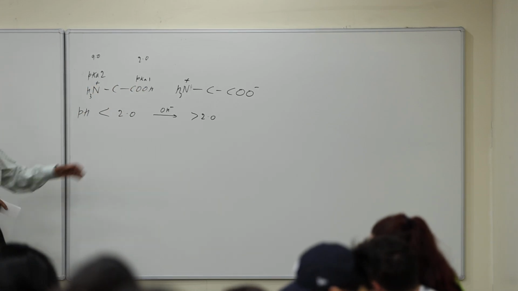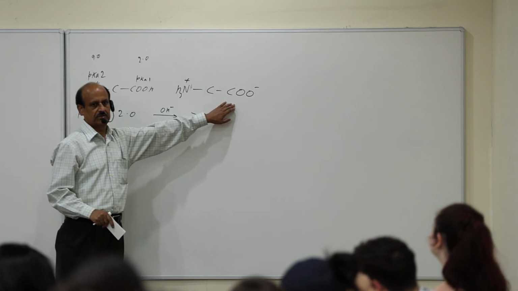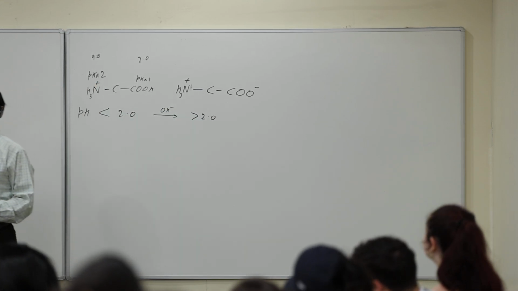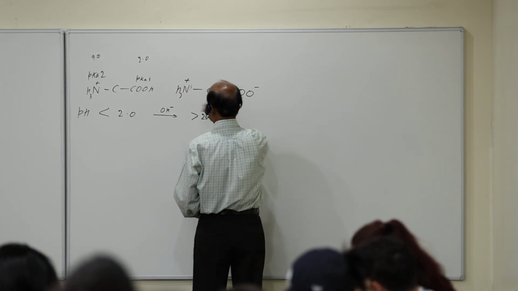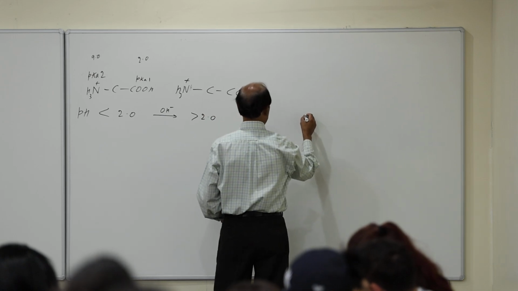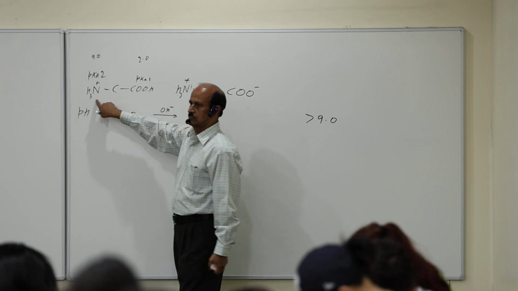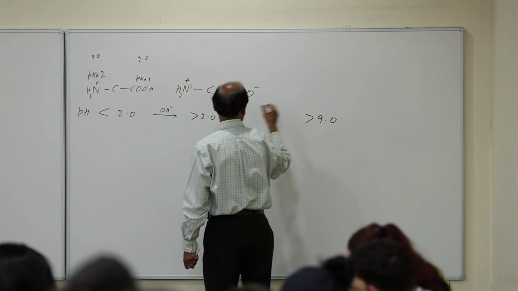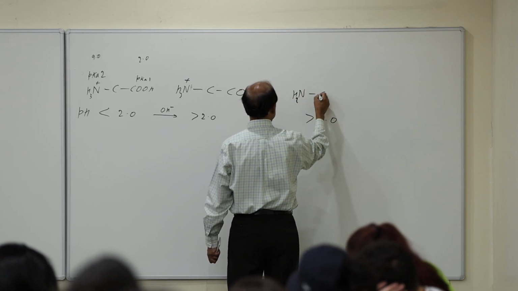So below the pKa it is protonated, above the pKa it is deprotonated. And then as you keep adding more sodium hydroxide, when you reach the pH above 9, then this will also be deprotonated. So now this will become NH2.